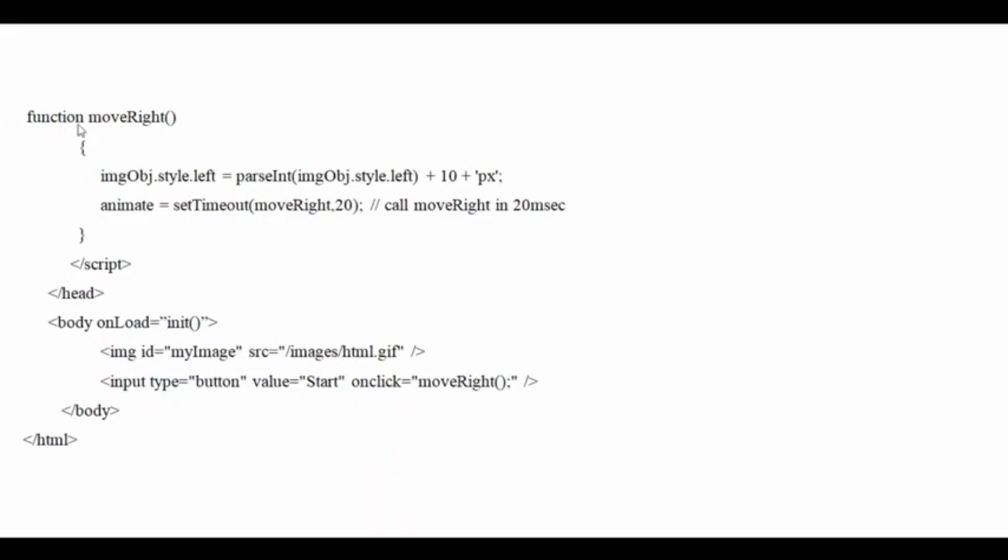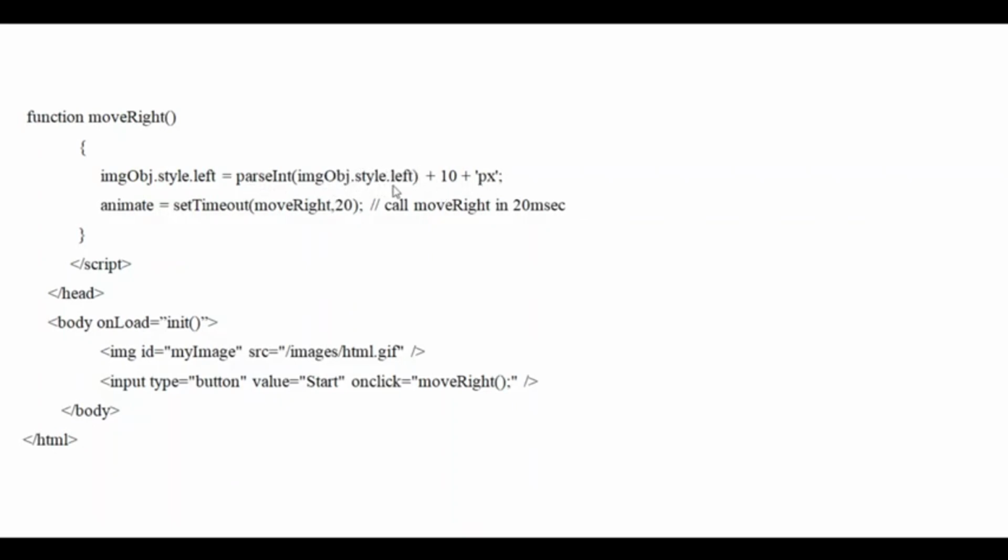Next we are writing another function, moveRight. In this moveRight function, we have placed the image on the left side. For this image style we are adding 10 pixels, means we are moving the image from the 0th pixel to the 10th pixel, from left to right.